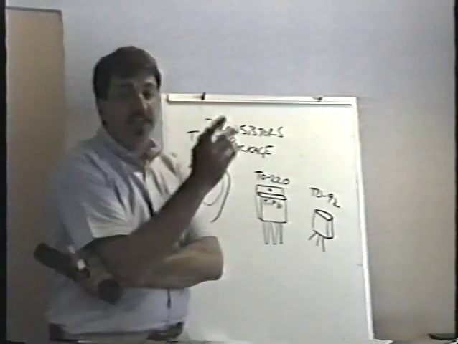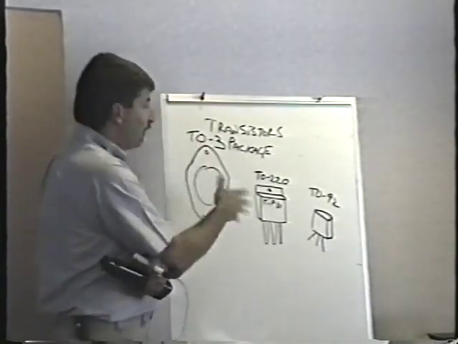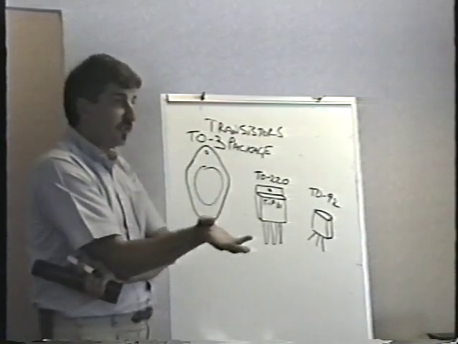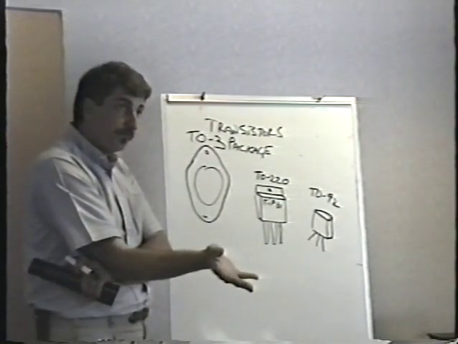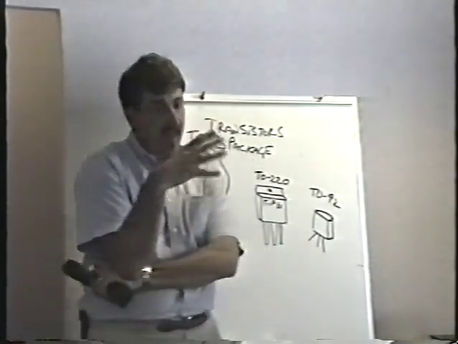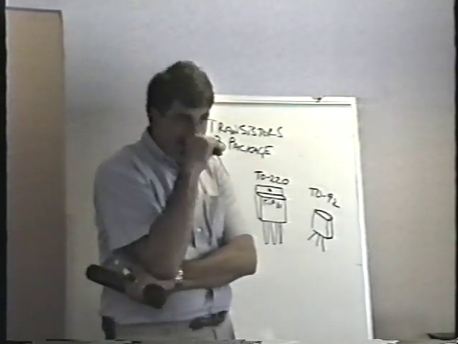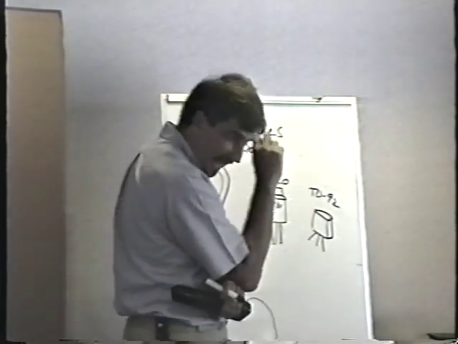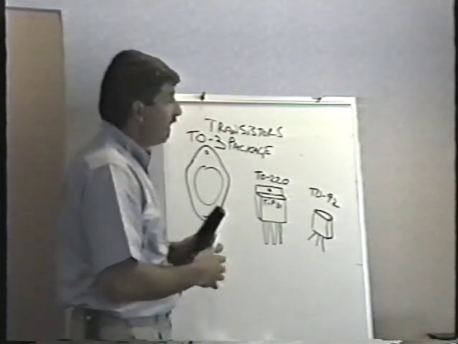The only difference between these 3 transistor packages is the amount of current the transistor can handle. All transistors work the same way. They test the same way. The only difference between these guys is how much current they can handle. The bigger it is, the more current it can handle.